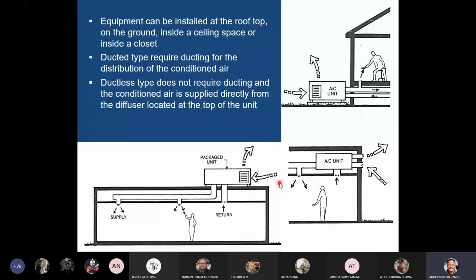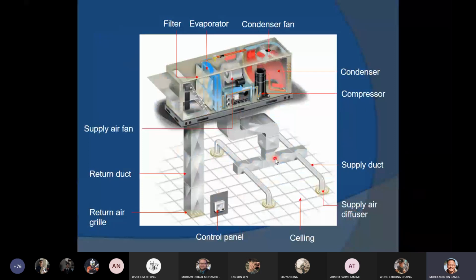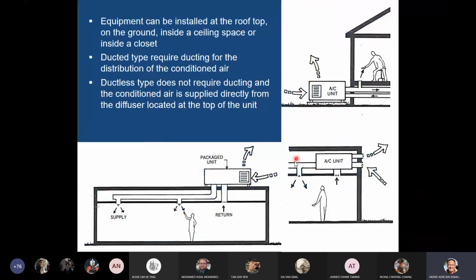But as you can see from this image here, even if you have a pitched roof, you can put it on the rooftop, but then you need a dedicated space on the rooftop where you can place the package unit. Or you need to use some kind of bracket that suits the pitch of the roof.